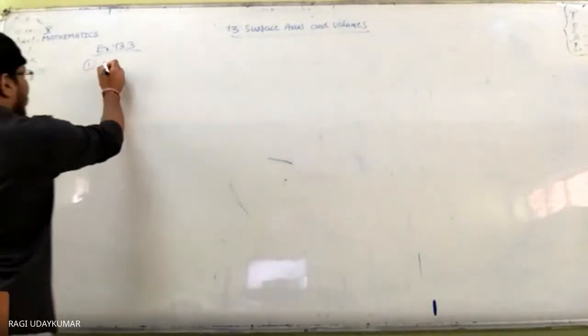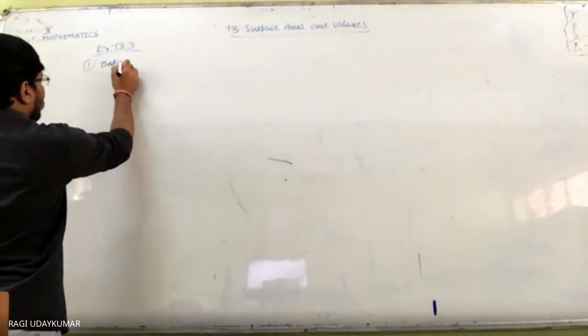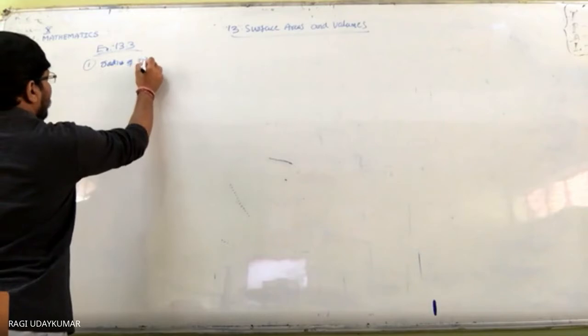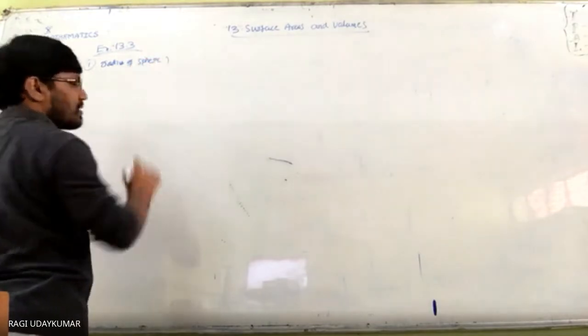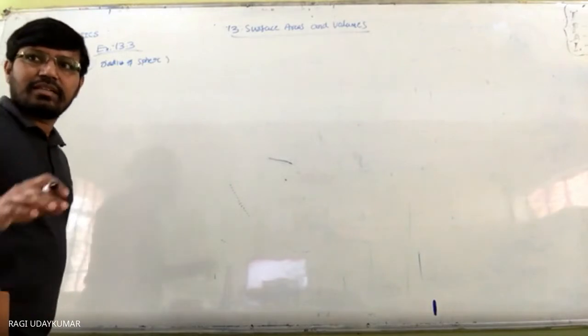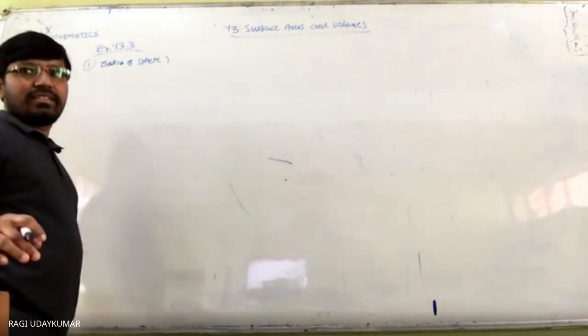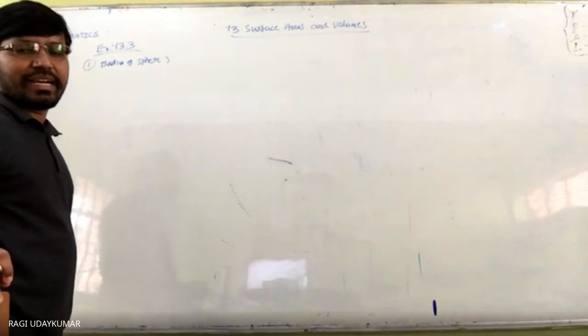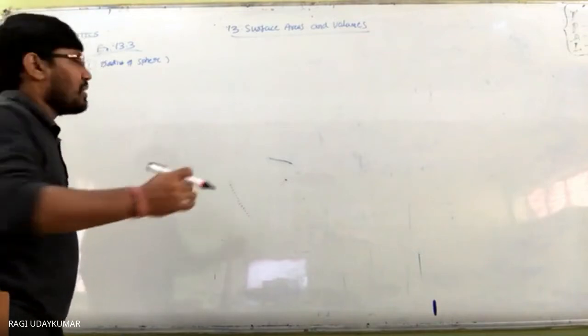Dimensions of the sphere: radius of the sphere. And the radius of the base of the cylinder is given to you. Cylinder of the radius is nothing but the base radius.